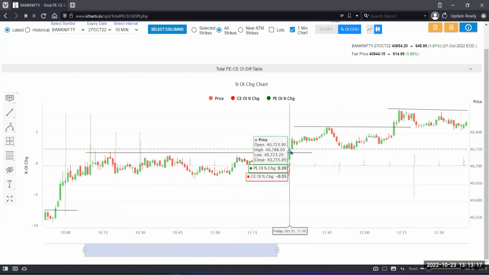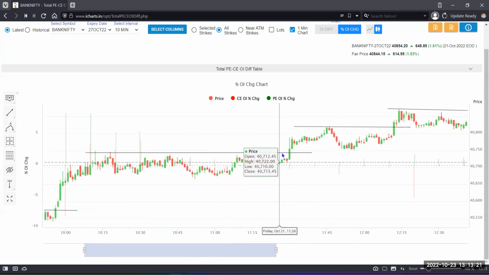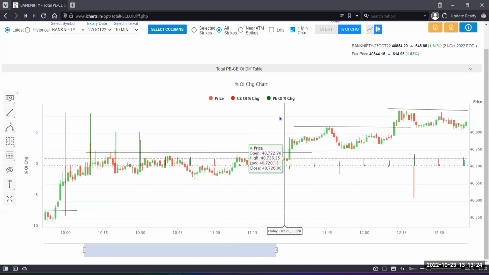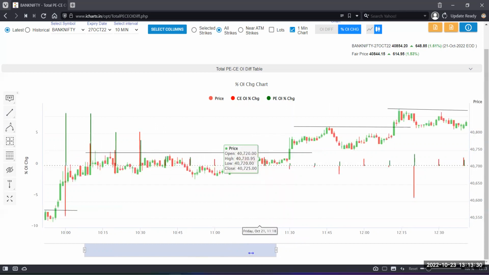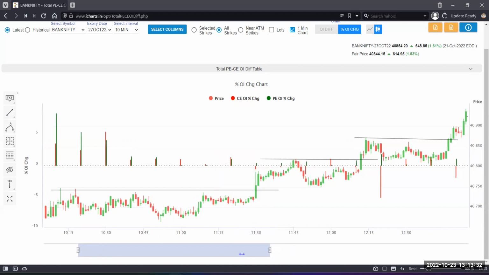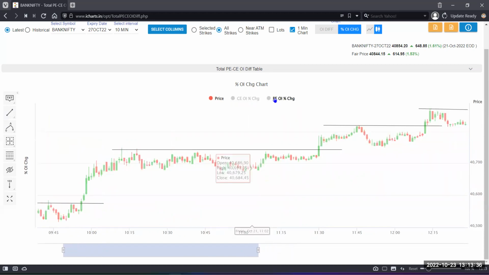Once it broke above here, unwinding came up over here. Unwinding has happened on the call side, and put side buildup continued. We have not seen an unwinding of put side at all throughout the consolidation. Let me highlight this.